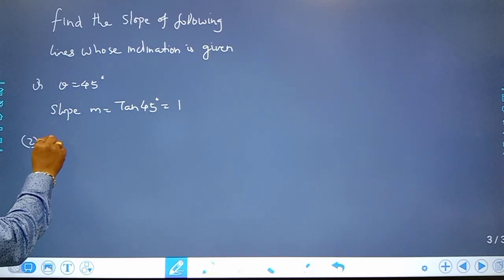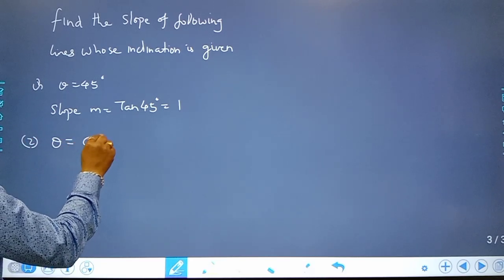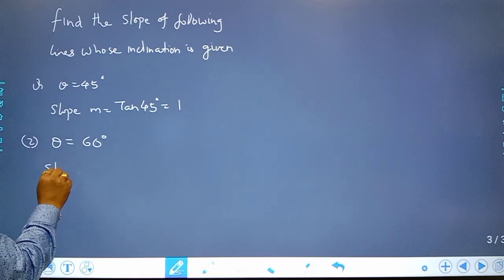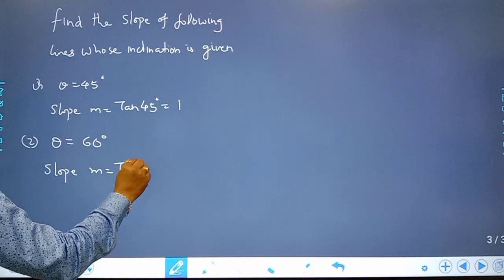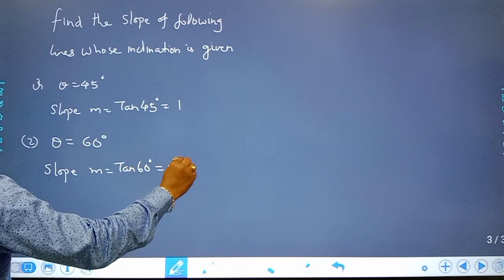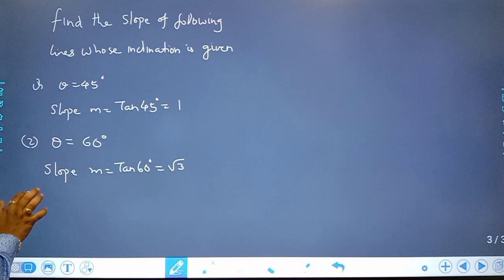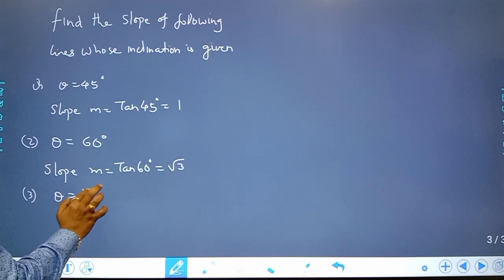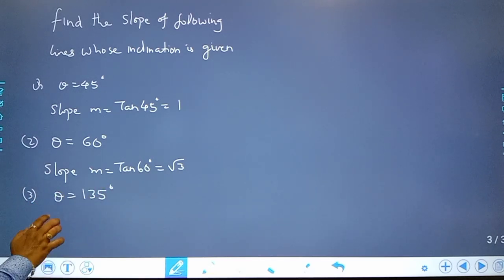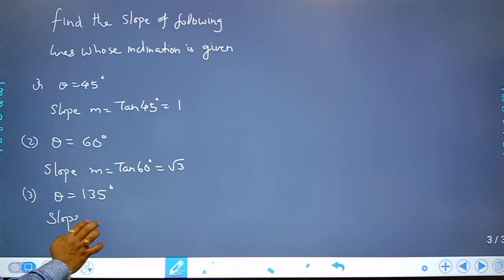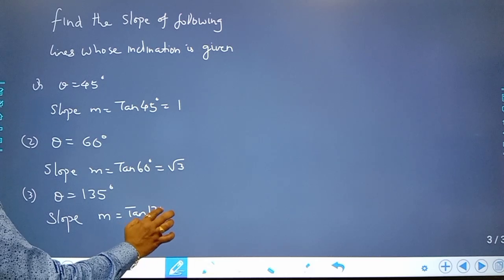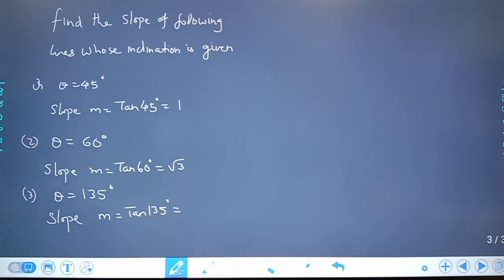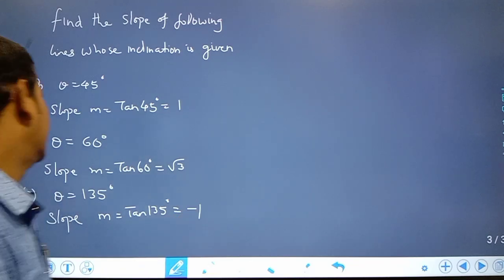Second question: theta is equal to 60 degrees, slope m is equal to tan 60 degrees, which is root 3. Third one: theta is equal to 135 degrees, slope m is equal to tan 135 degrees. Tan 135 is in the second quadrant where tan is negative, so that is -1.